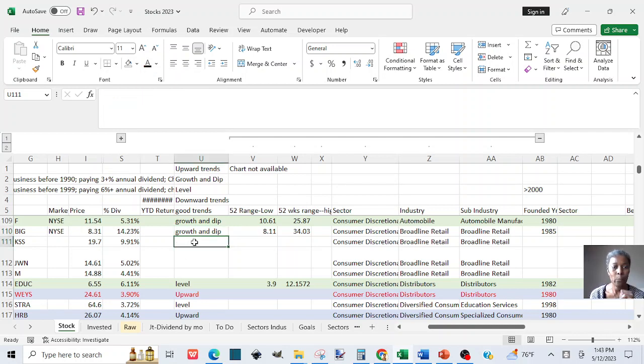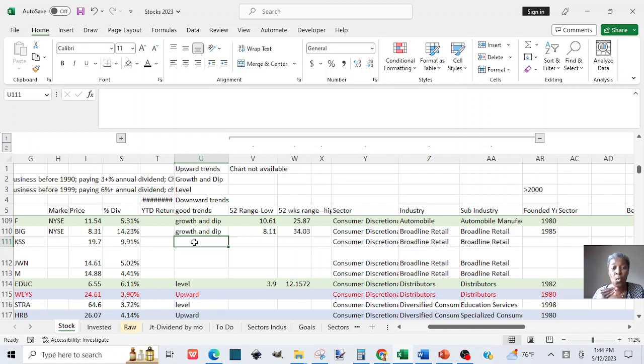So what you are looking for is a company that pays a high dividend that you like, a corporation sold on the New York Stock Exchange or NASDAQ market, an old, established company, and I will say prior to 2000, but you will set that requirement, and that shows an upward trend in the chart.